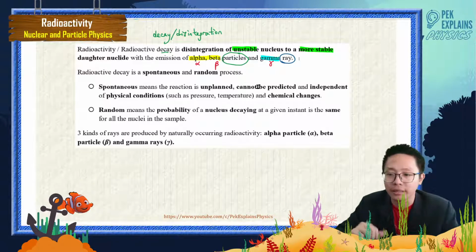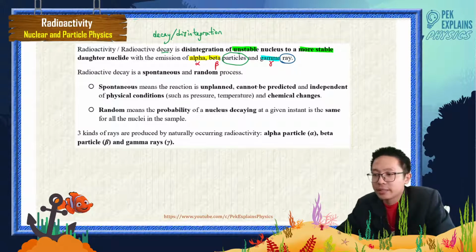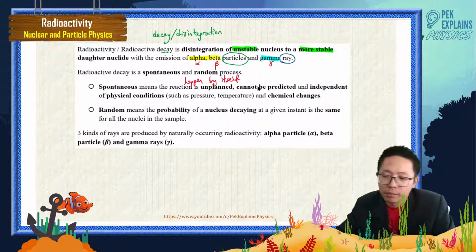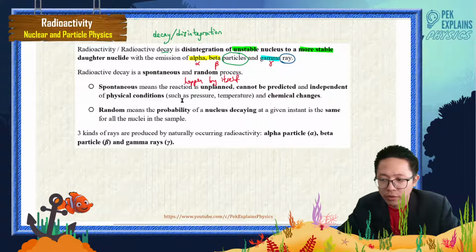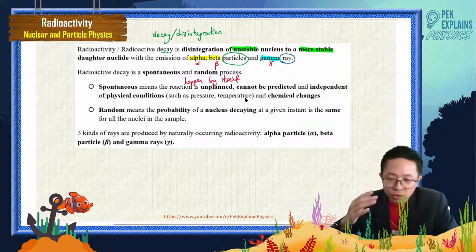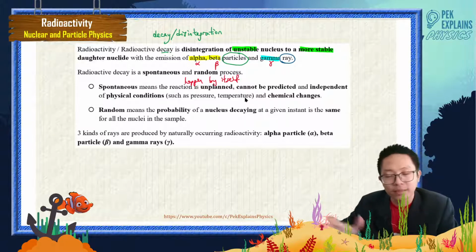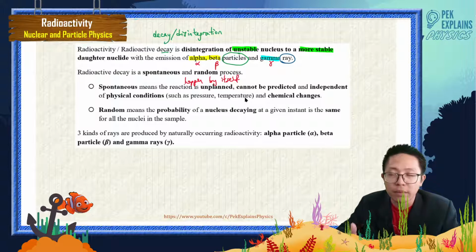It just happens by itself. That means we cannot control the decay, and we cannot set what time it will happen.